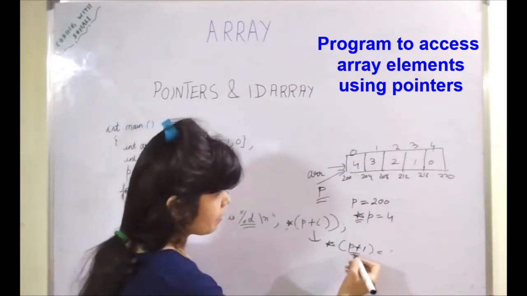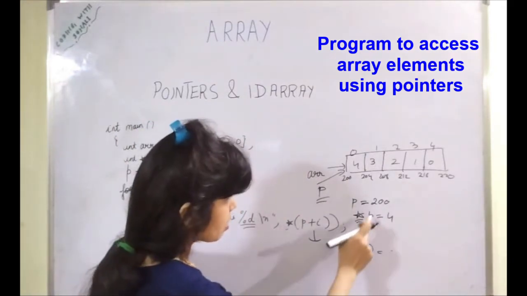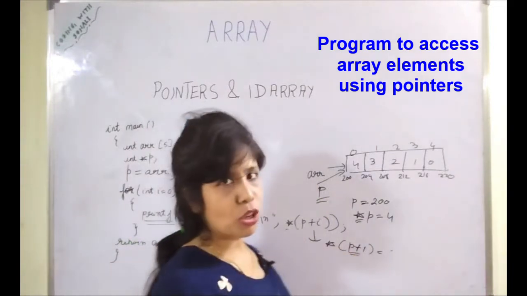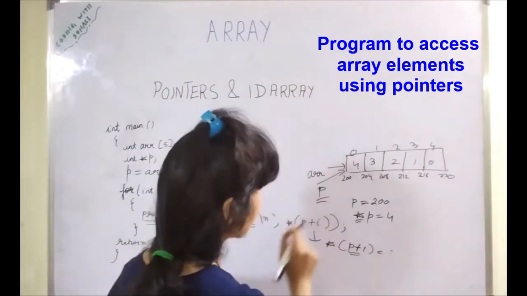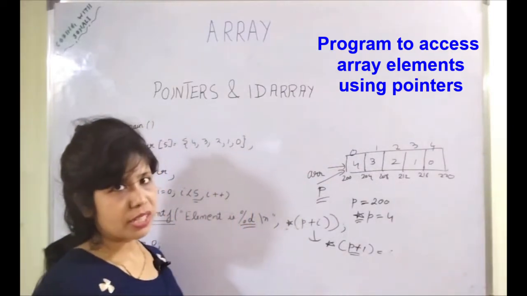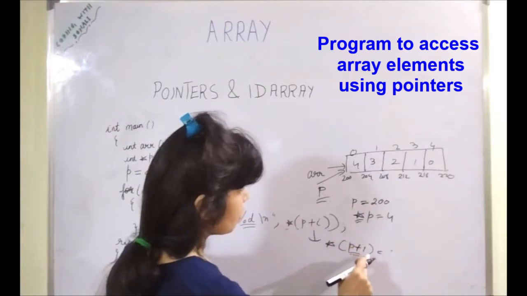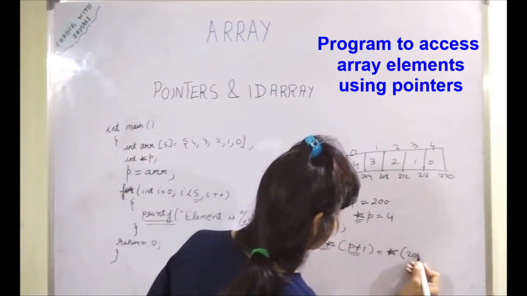Since I told you, whenever we are adding any integer to the pointer, this pointer is first of all having the value 200 and you are adding 1. So it will not be 201, it will depend upon which pointer it is. Since it's an integer pointer, the size of the integer is 4 bytes, and therefore simply 200 plus 4 will give me 204. So simply star of 204.